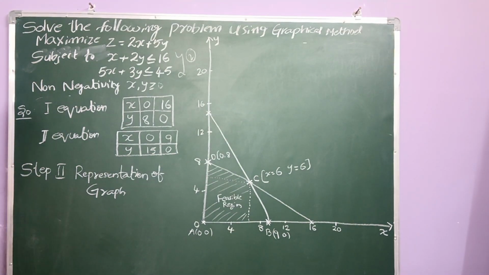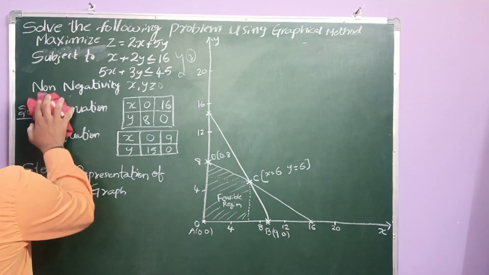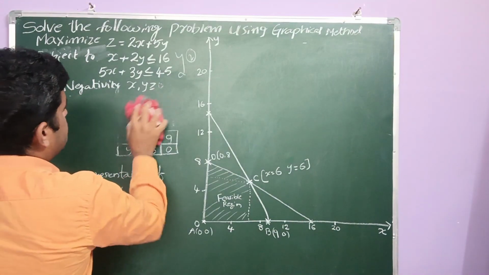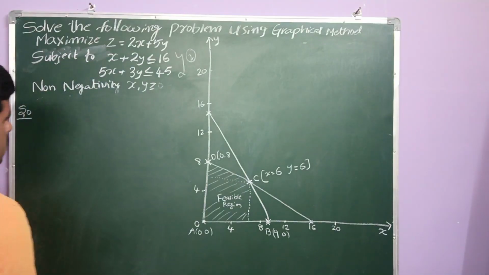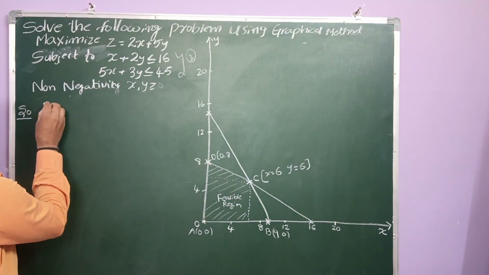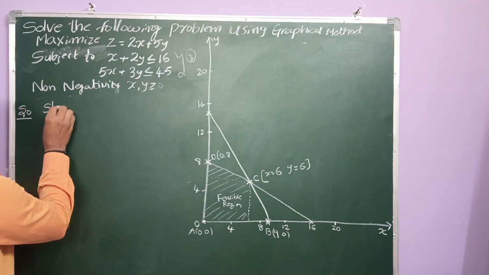Okay, wait. Step number 4 is what I'm doing: the representation of the values in the objective function. That is step number 3.